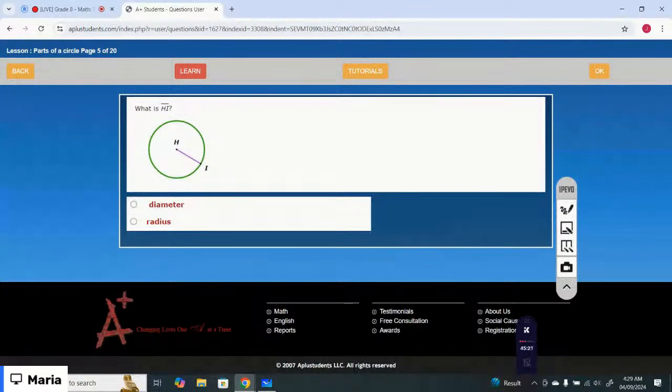What is HI, which is the correct option? HI is the radius of the circle. Radius it is.